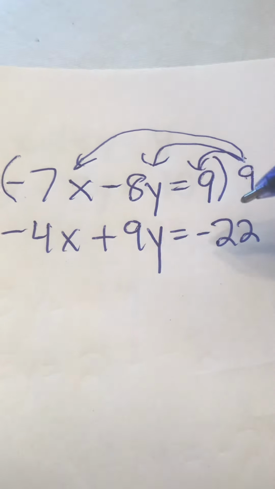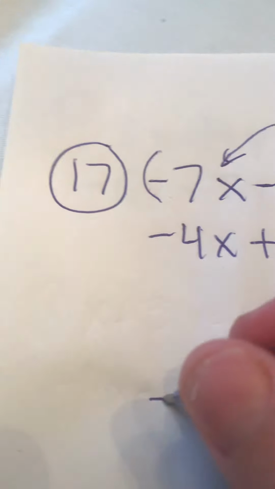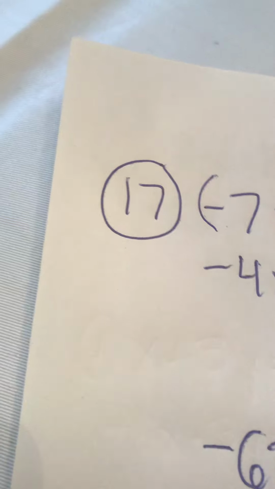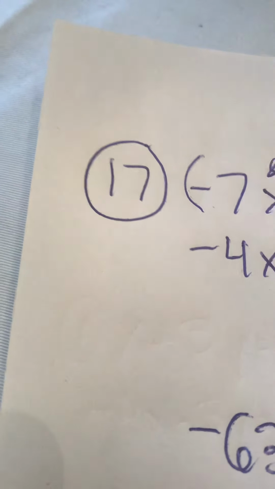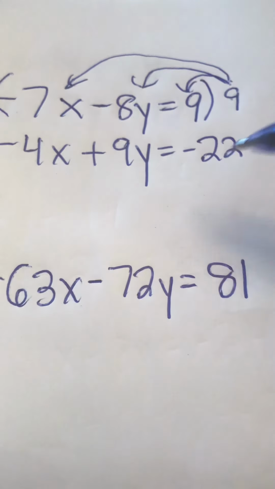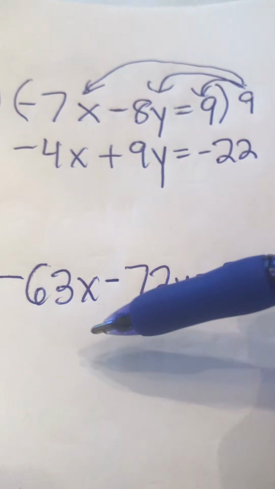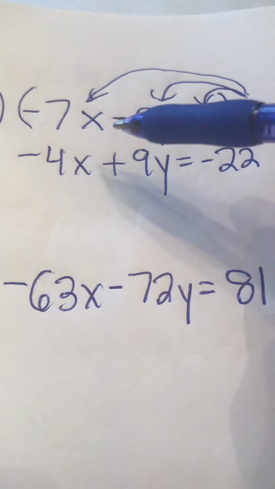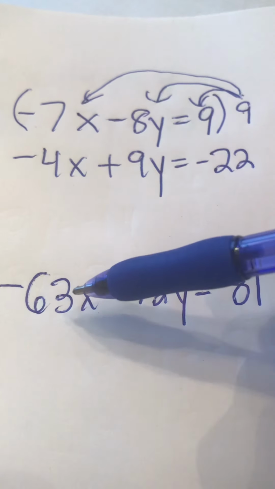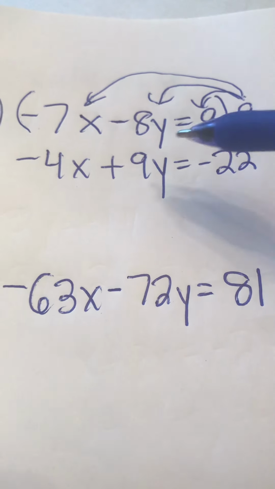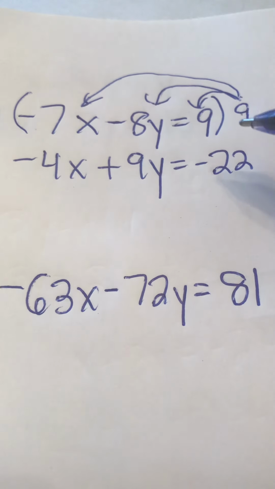Okay, so I'm just going to rewrite that equation, doing the operations. And when I increased it by 9, it turned out to be this, because if I multiplied everything by 9, I would get this answer, because 9 times negative 7 is negative 63, 9 times negative 8 is negative 72, and 9 times 9 is 81.